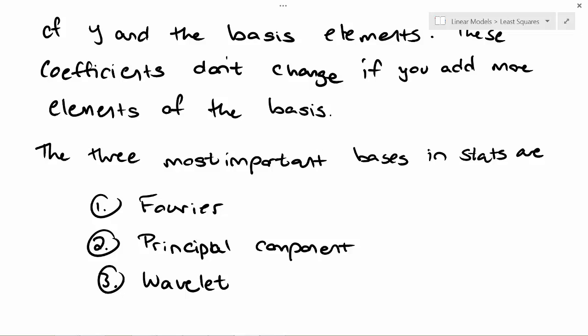So when you fit any of these bases, especially for the Fourier case and the wavelet case, they don't call it fitting, they call it a transform. So when you do this fit and get the coefficients, it's not called least squares for the Fourier basis. It's called the Fourier transform because it's just transforming the y into another set of Fourier coefficients.